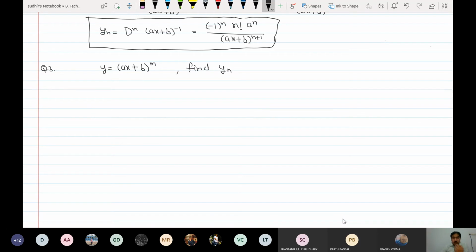Now we have to find yn in compact form, that is we have to write in this form. Now m is there, n is there, here we have only minus 1, so we can write everything in terms of n only. Now how can you do it? So please try it till I take the attendance.